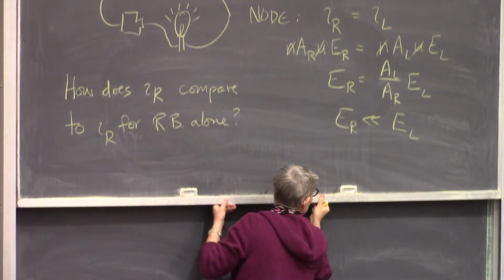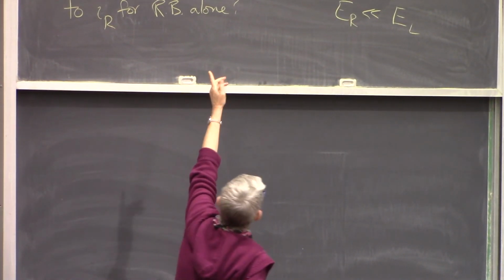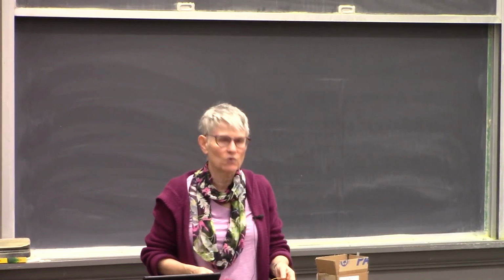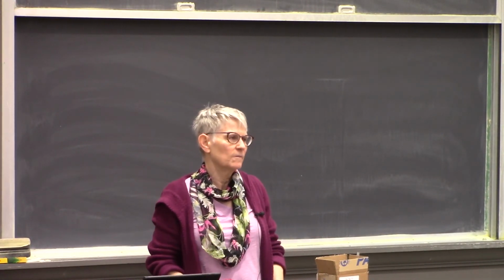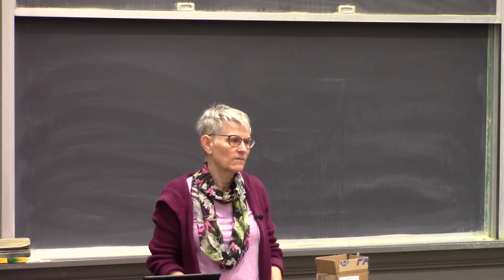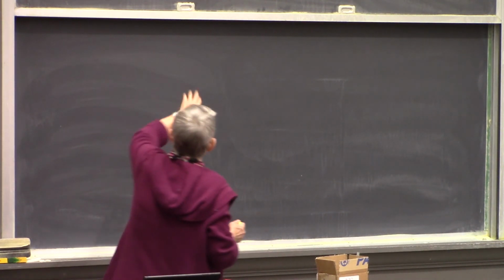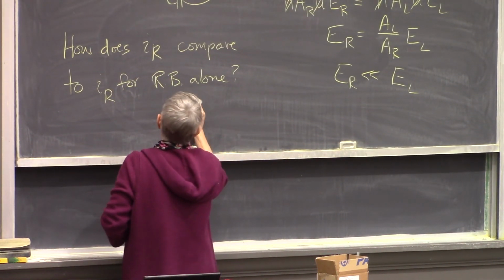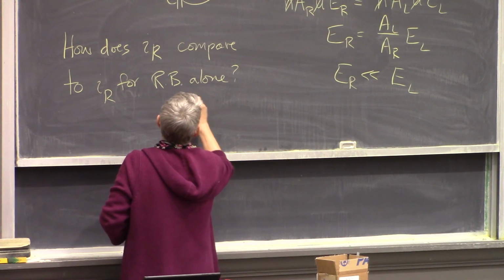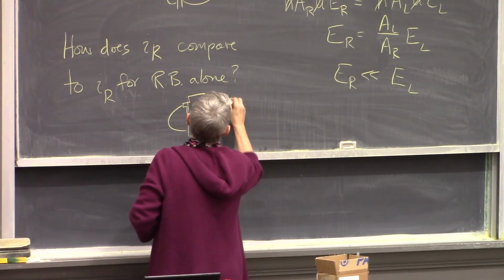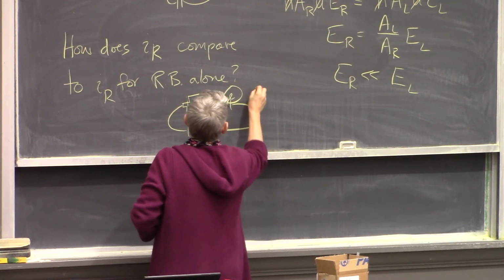So what we mean by this is, in this circuit where there's a round bulb and a long bulb, how does the current through the round bulb compare to the circuit where we just have the round bulb in the circuit and we saw it light? So what's your guess? Bigger, smaller, the same? We're comparing it to that circuit.